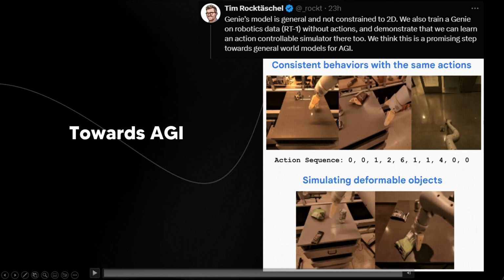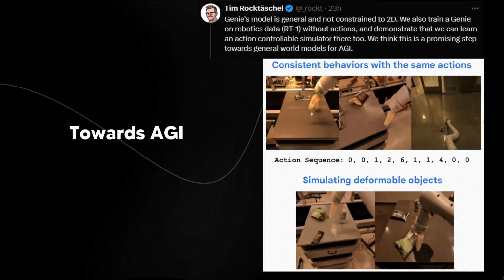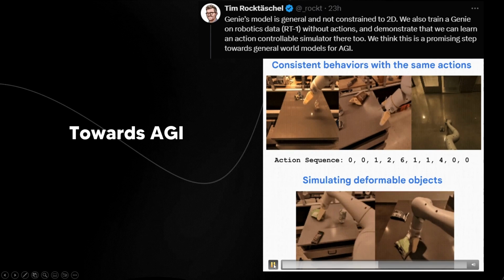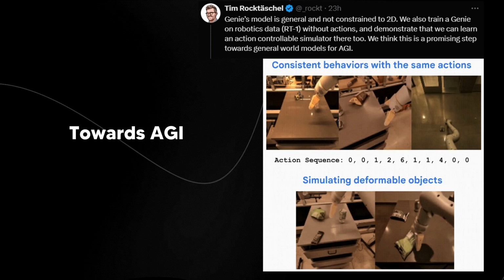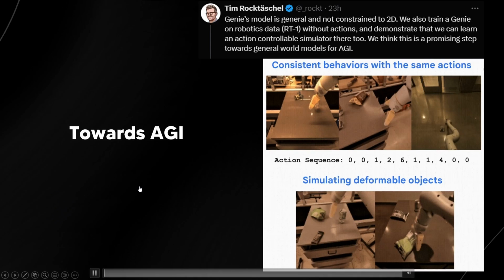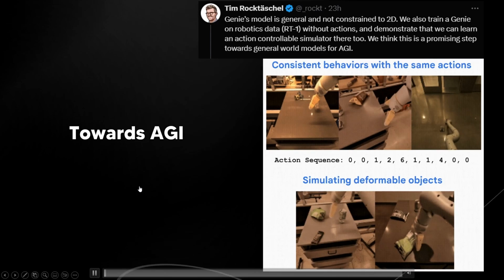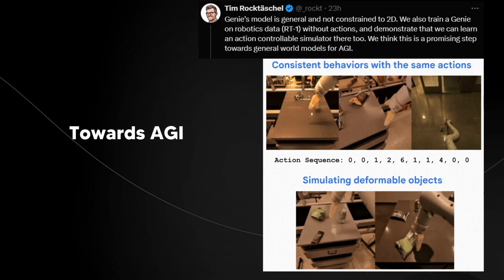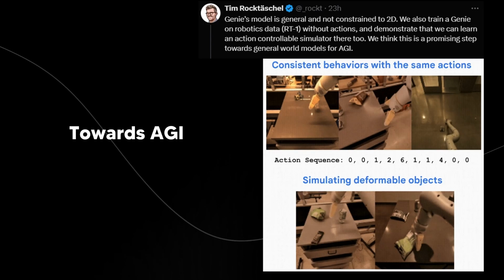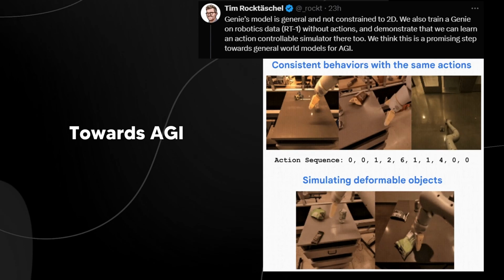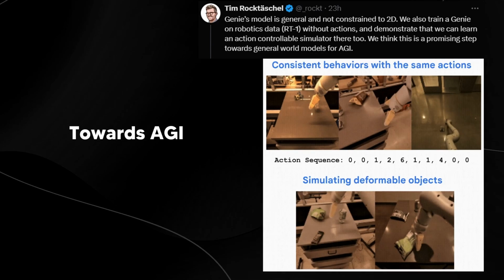This is really crazy because now this leads us towards AGI, because this could be data that could be used to train robots in the future. They state that we think this is a promising step towards general world models for AGI, and a general world model is a comprehensive framework that can simulate and understand various aspects of the real world, which does allow an AGI to predict outcomes, plan actions, and learn from interactions in a way that humans would understand.